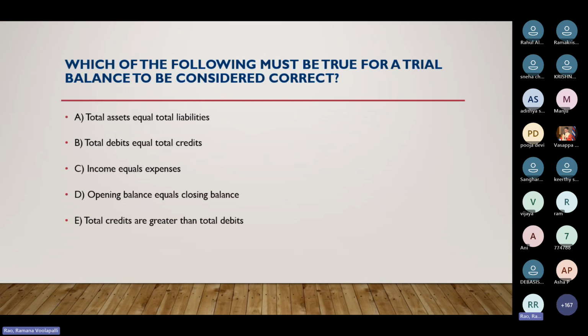Okay, A and B answers are coming. Total assets equal to total liability is the balance sheet. Opening balance equals closing balance is a self-balancing ledger. The answer is total debit equals total credit. I told you debit and credit should match. Otherwise, we will check if there is some problem in the ledger or journal entry.